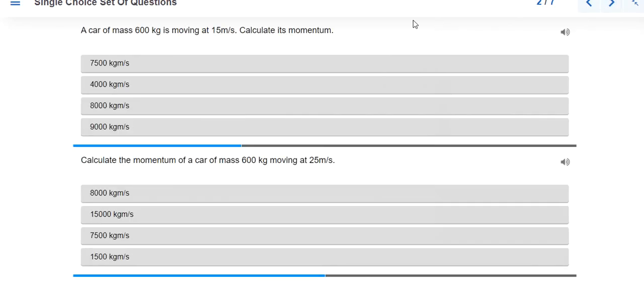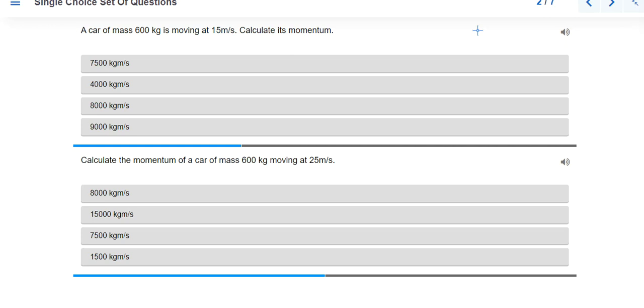Now, let's deal with some single choice questions. A car of mass 600 kilograms is moving at 15 meters per second. We are to calculate its momentum. Don't forget that while dealing with impulse a few seconds ago, I told you that momentum is mv.